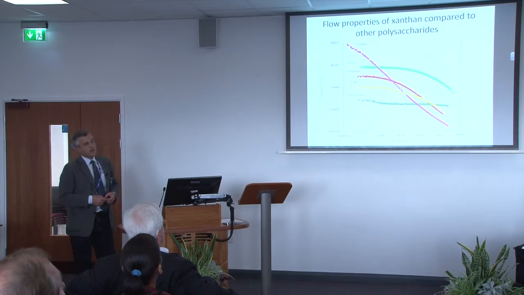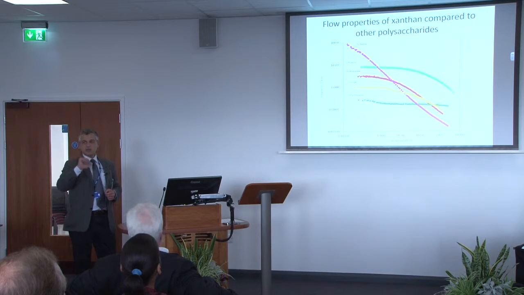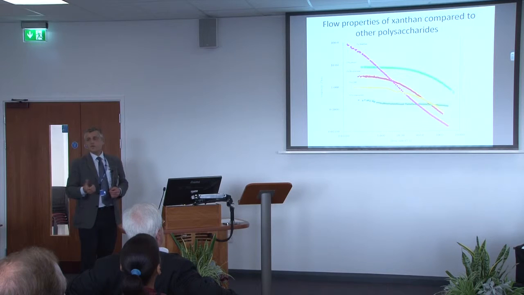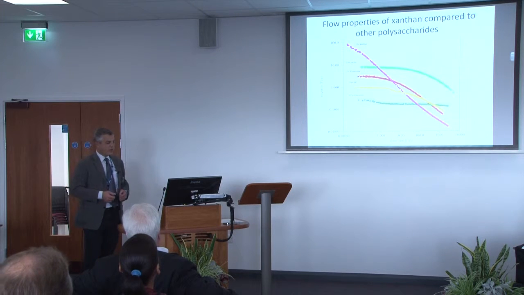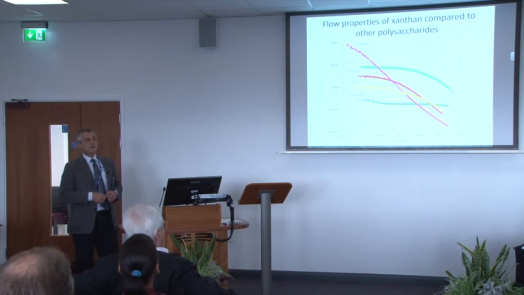For example, xanthan, which is a bacterial polysaccharide, at 1% gives the highest viscosity, but once it's shaken or sheared, it will lose the viscosity very quickly. And this is one of the main reasons why it is used as a thickener or stabilizer in salad dressing.